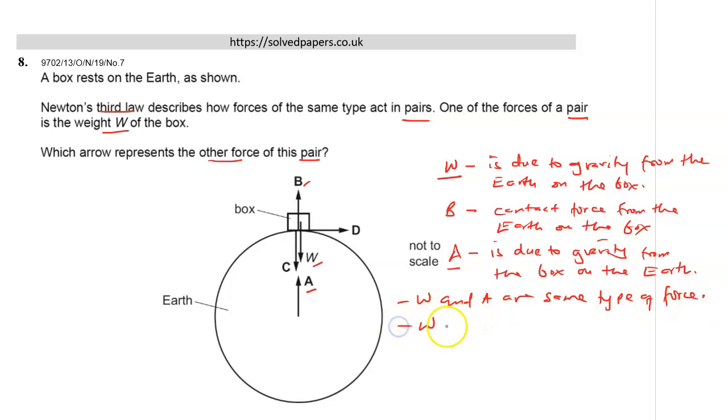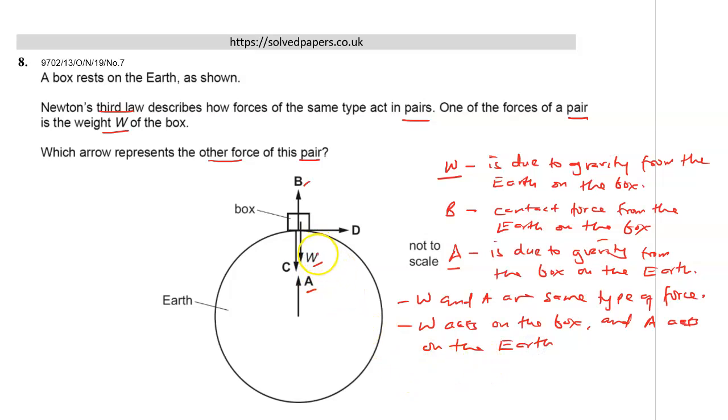And W acts on the box, and air acts on the earth, and so they act on different objects.